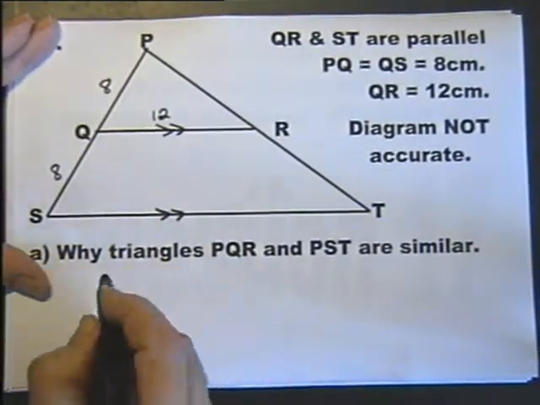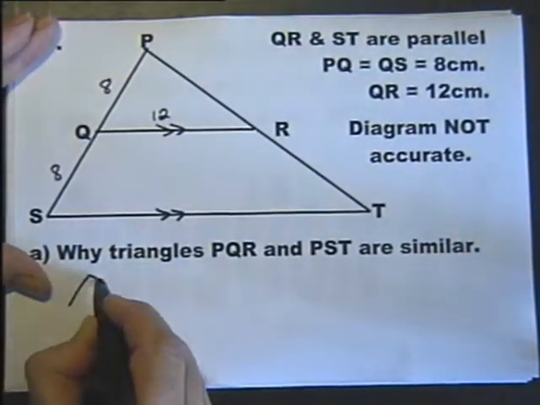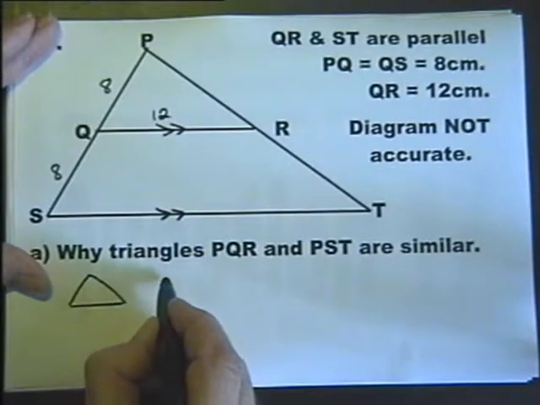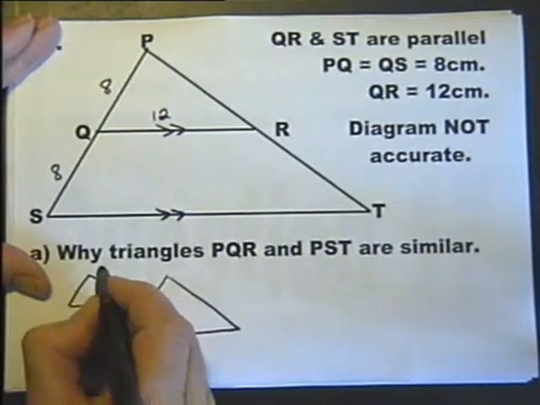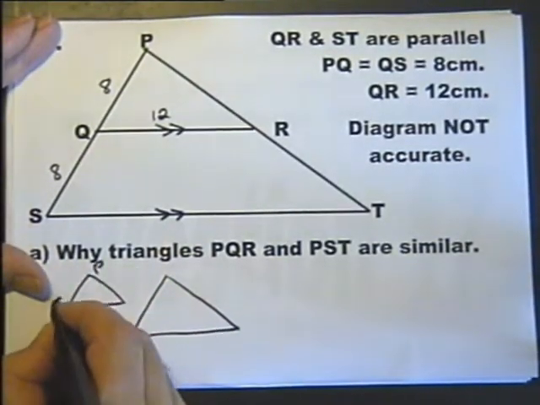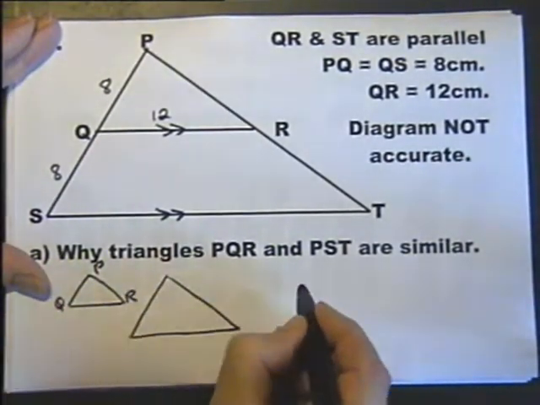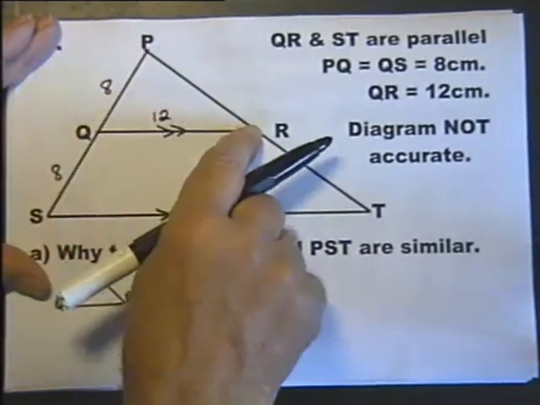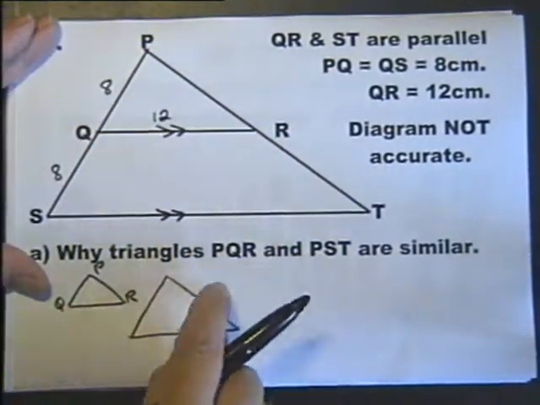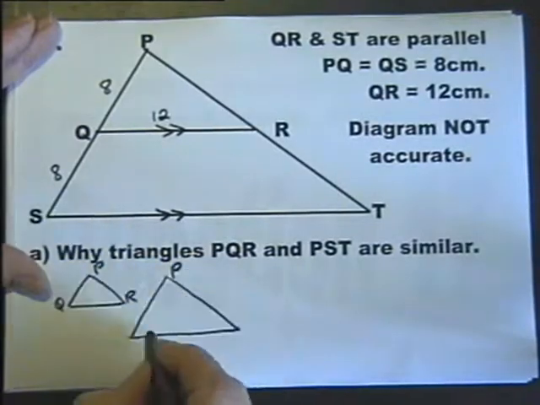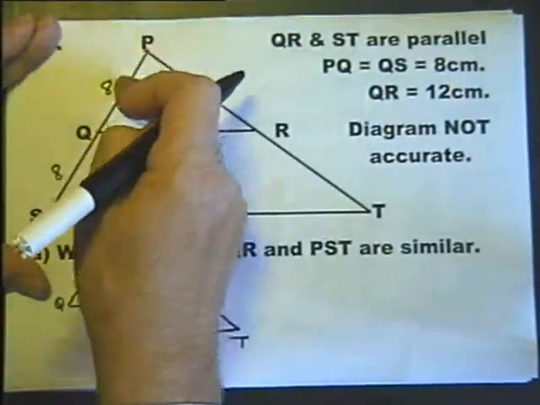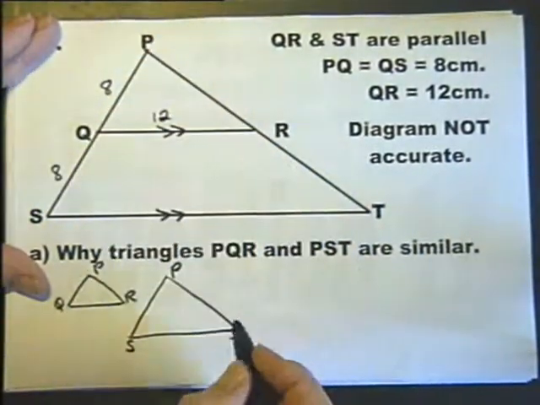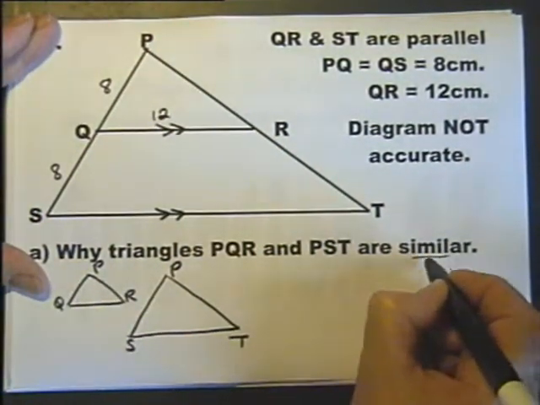Now you don't have to, but it's a good idea to draw those two triangles as separate triangles. Sometimes it's easier to get your head around what they're on about. So that's PQR and PST. What does this word similar mean?